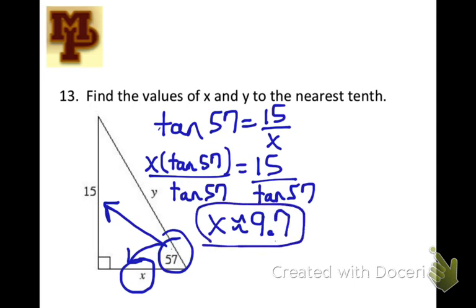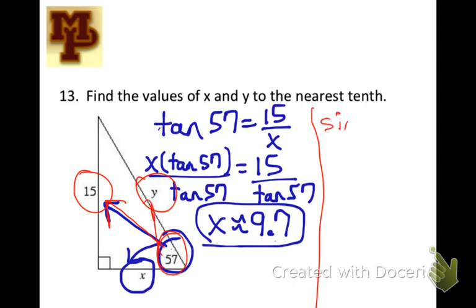Okay, then the other one is the y, so we can use our 57 again, and we can use the 15, except this time we have opposite, and this is the hypotenuse. So we're going to use sine for this. Sine of 57 is equal to opposite over hypotenuse. Again, a two-step.